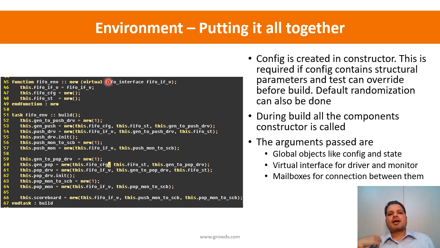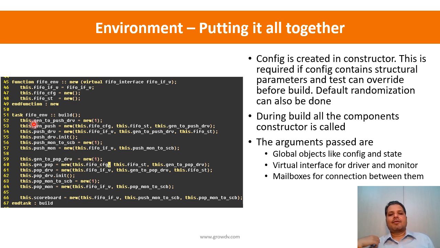We are creating the FIFO config and FIFO state a little earlier than build, and the reason is that the config I might have to change if the test requires it, right? So in order to override it, we are creating the config object before the build. We will look at an example, and when we look at an example, you will be able to understand, right?